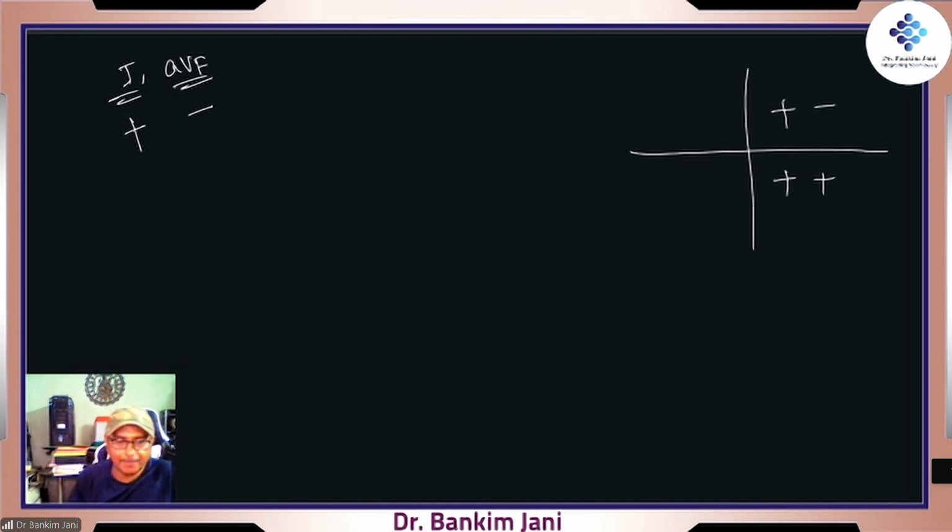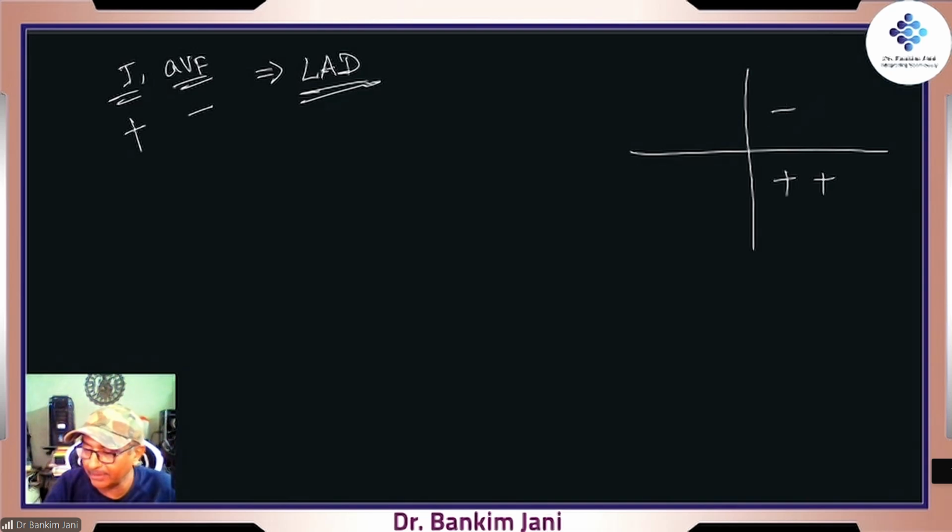So we are dealing with left axis deviation. So when it is left axis deviation, we are drawing it again. There would be 2 axes. One will be at minus 30, one will be at minus 60.